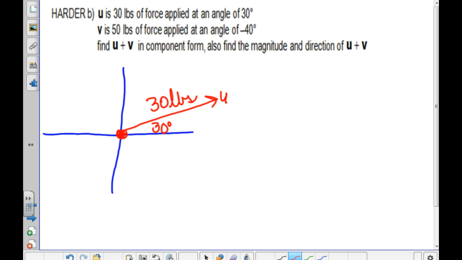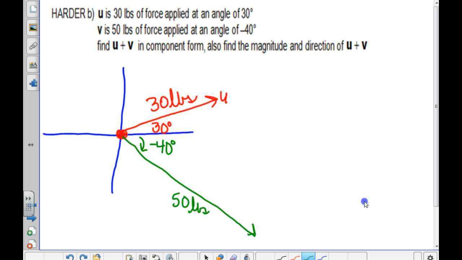Vector v is pulling with 50 pounds of force, so almost twice as long a vector, at negative 40 degrees. Let me draw it again so it's proportionally longer for 50 pounds.